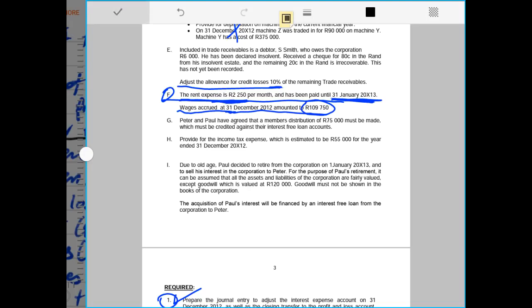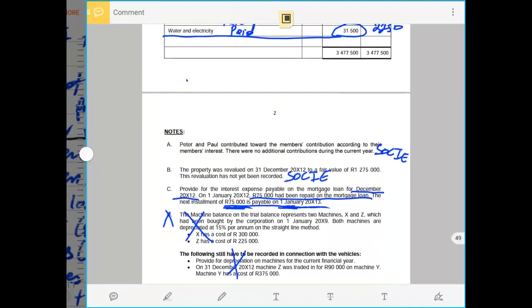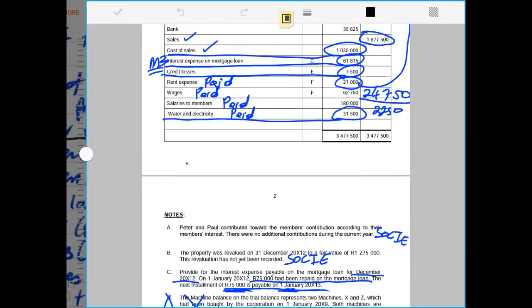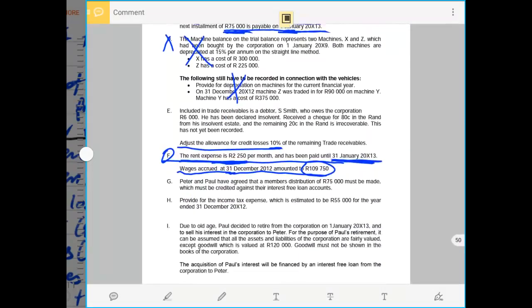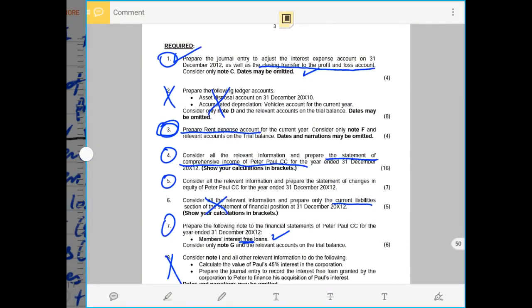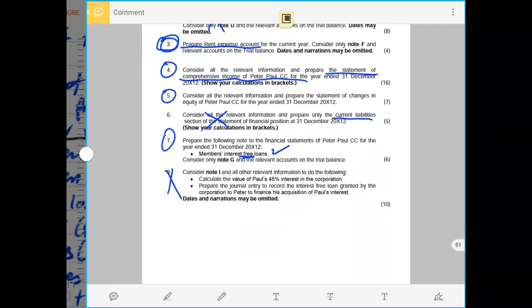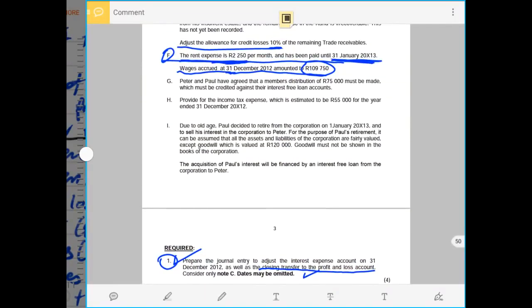So now it means the amount of wages that we see in the trial balance is underestimated by 109,750. The wages that we see here, 62,750, is underestimated because accrued means not yet paid.